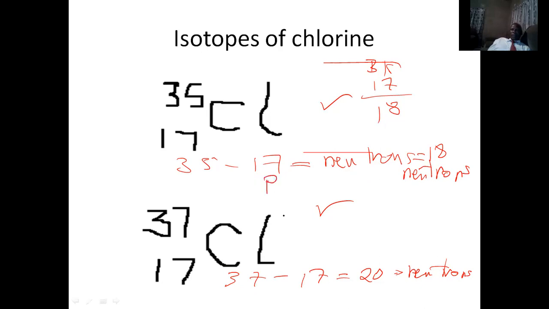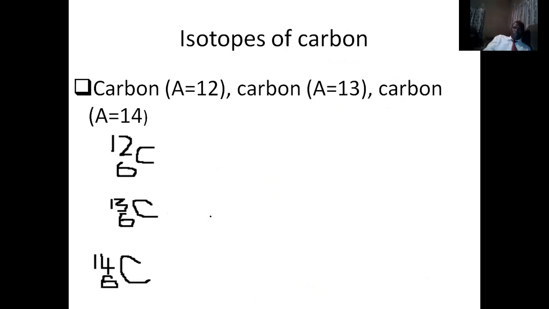So these are the number of protons. And similarly here, these are the number of protons. And this is the atomic mass, and this is also the atomic mass. So this is what it means. And so isotopes of carbon, similarly, also we have these atomic masses.